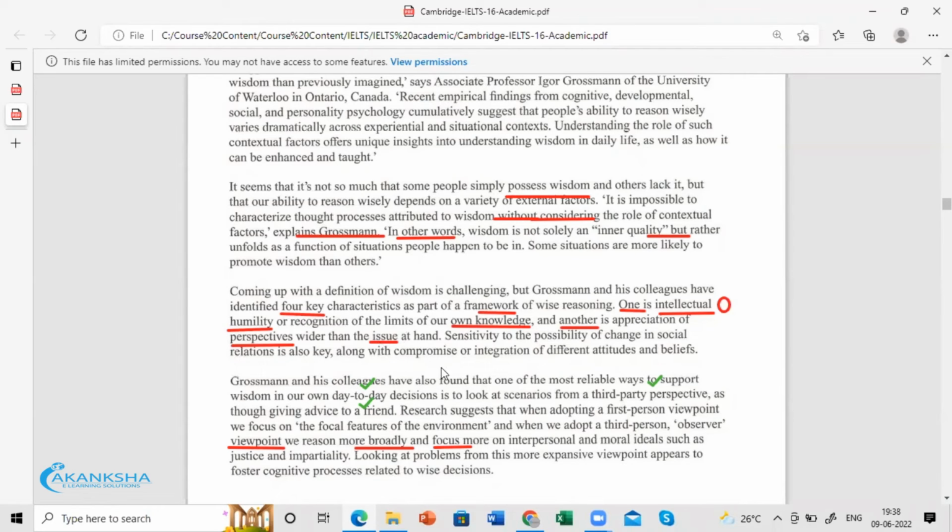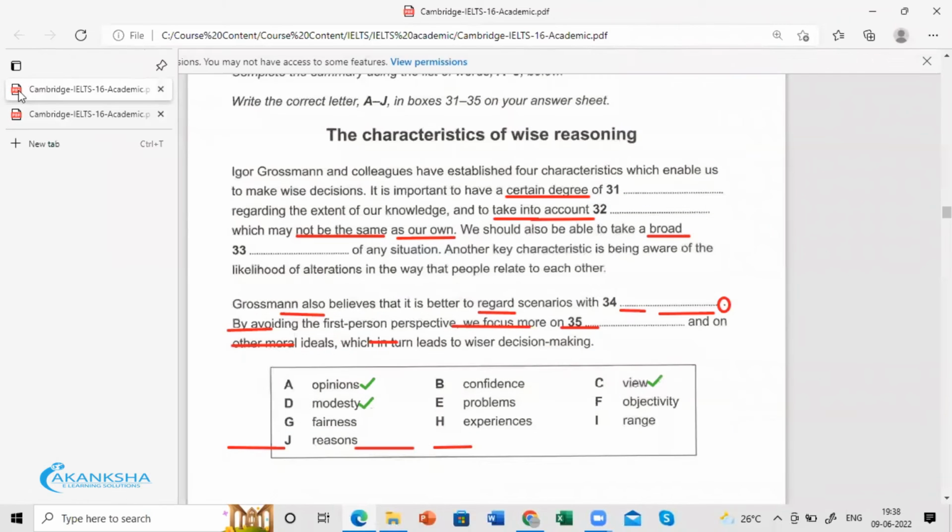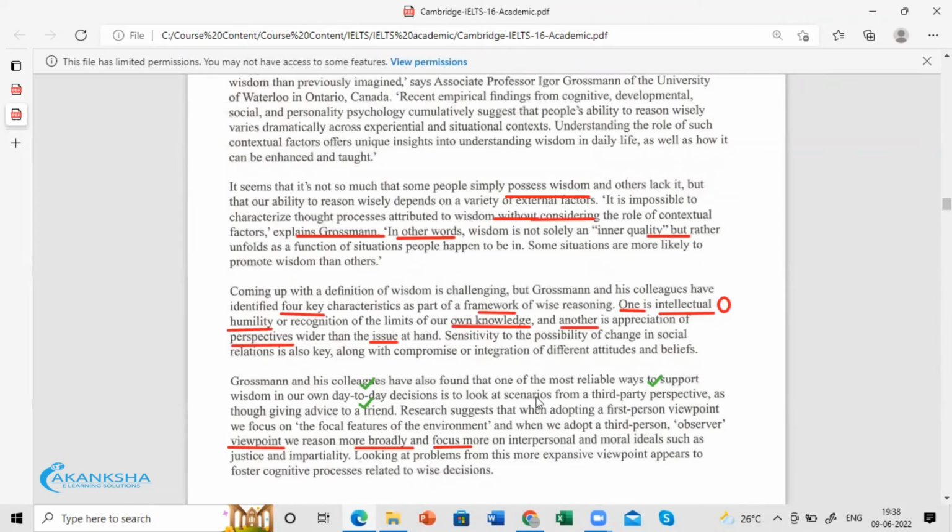Most reliable ways, wisdom that they took, second sentence, to look at scenarios from a third party perspective. Okay, by avoiding first person perspective, so they're talking about first person perspective.